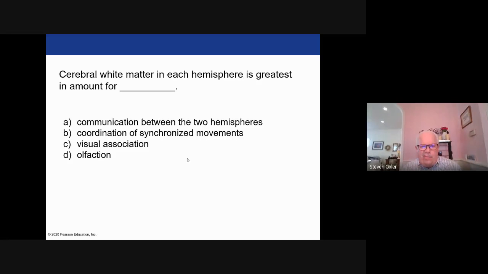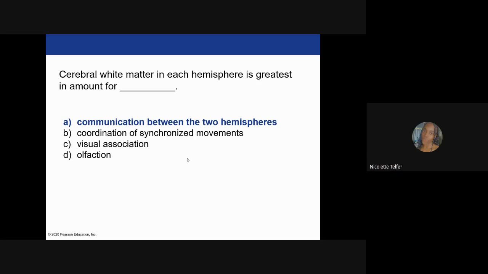Are they more in between the two hemispheres? Or are they more in the visual association area? Or are they more in the smelling area? That's the question. Where are the most white matter fibers involved in? Is it A? Yes, it is A. Because you got to connect the two sides of the brain to figure things out. Okay?